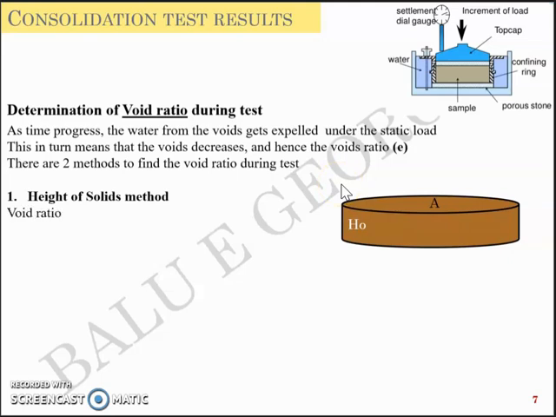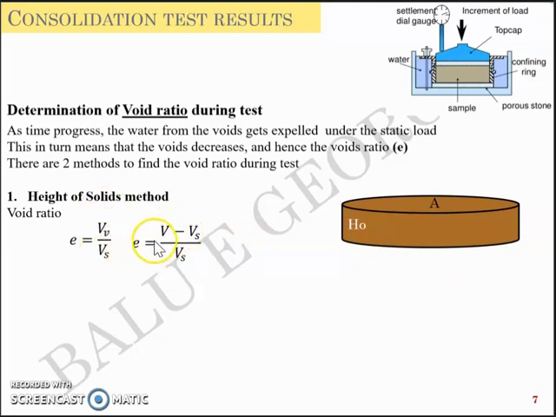Void ratio, by definition from the three-phase system diagram, is Vv by Vs, volume of voids by volume of solids. So that's V minus Vs by Vs, because V minus Vs is nothing but the volume of voids.